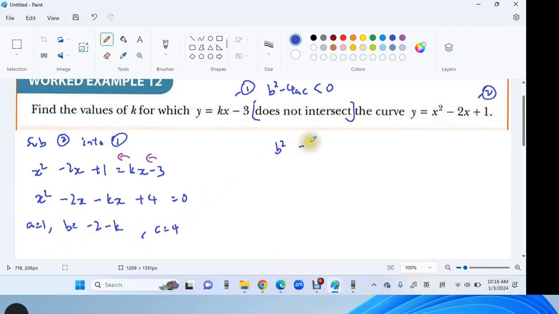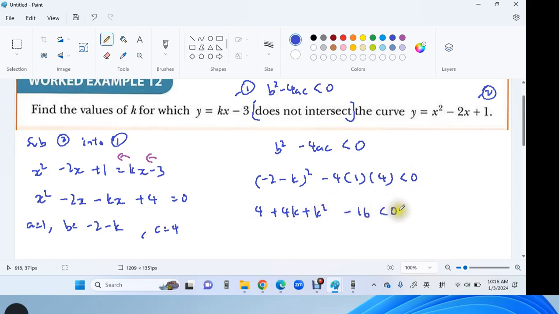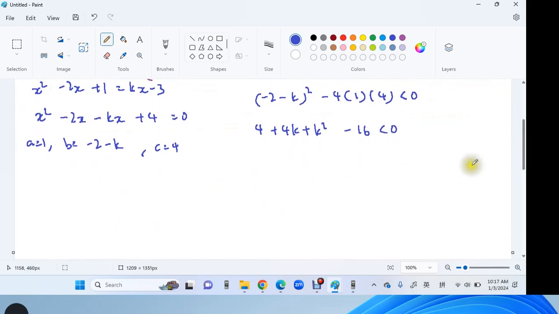We have b square minus 4ac less than 0. Then we have negative 2 minus k, square, minus 4 times 1 times 4, less than 0. Then we have 4 plus 4k plus k square minus 16 less than 0. Then we have k square plus 4k minus 12 less than 0.